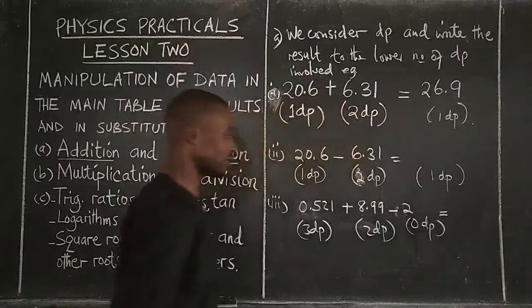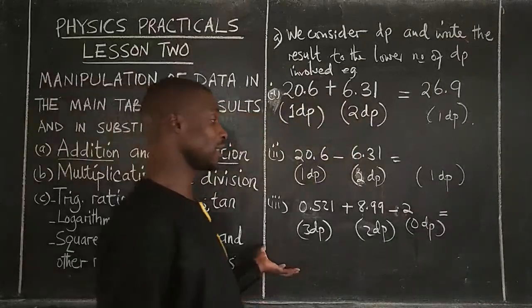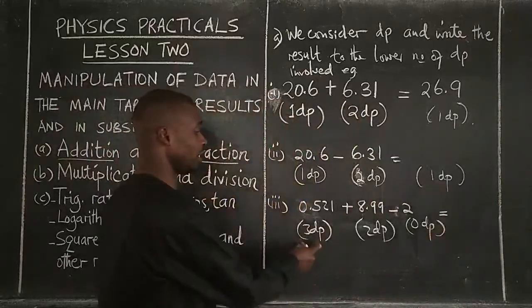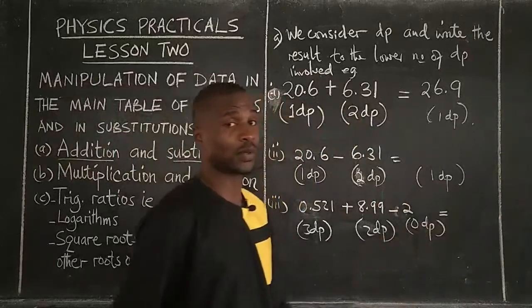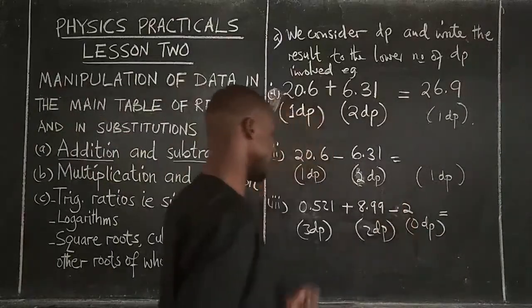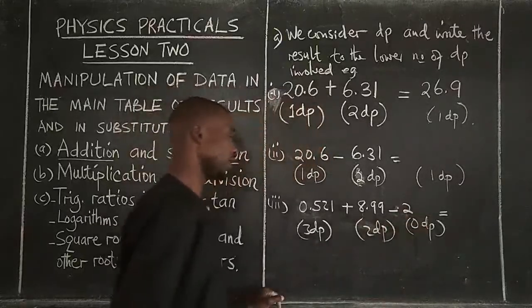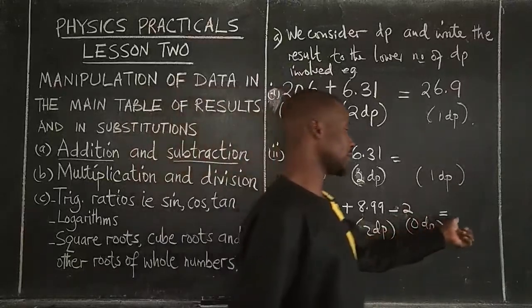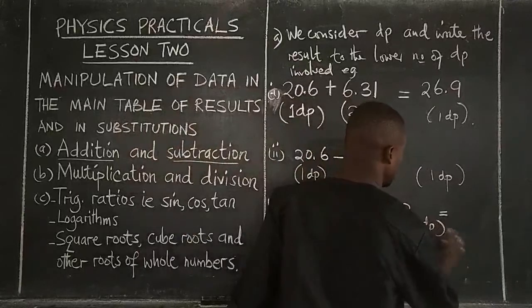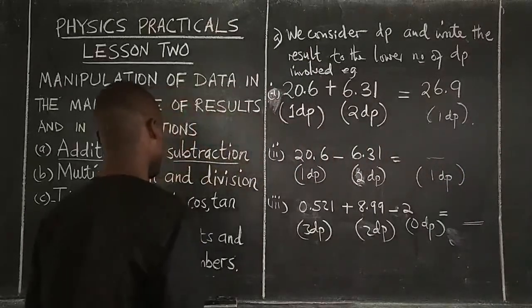So your answer has to be written correct to the lowest number of decimal places. It means that your answer here has to appear as a whole number. 3, 2, and 0, 0 is the smallest. So what do you write here? Just put all three in your calculator, and whatever you get, you write as a whole number. So this you can still do. Please finish up those areas.